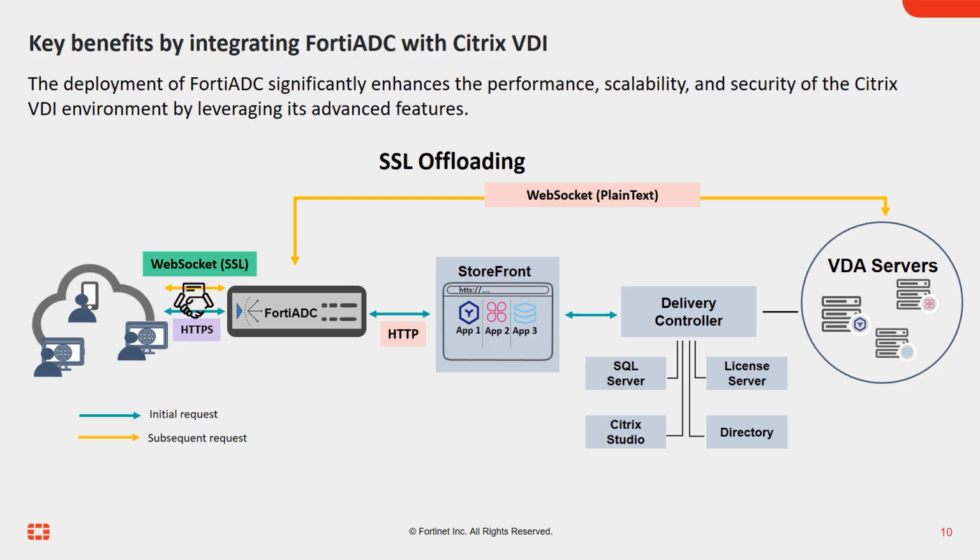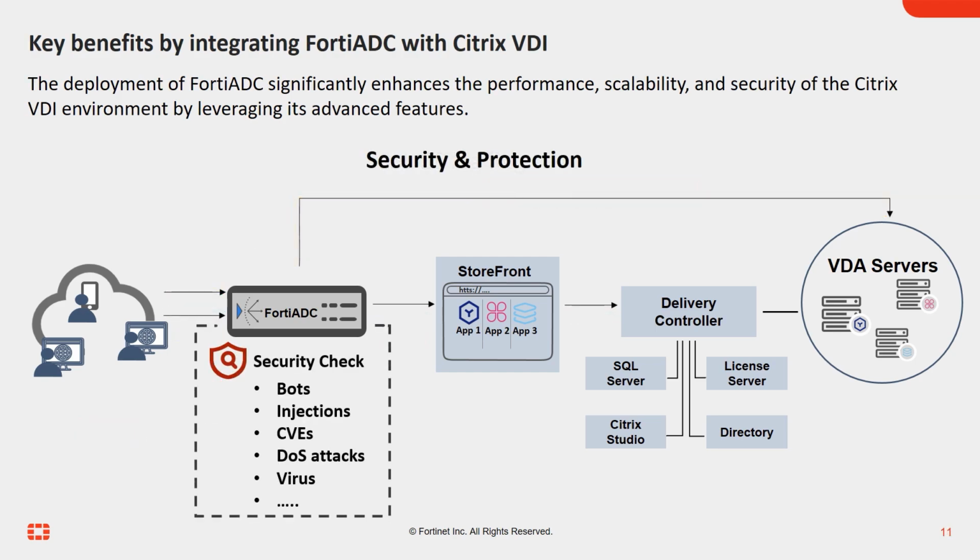Designed for high-performance SSL acceleration, FortiADC leverages dedicated hardware and optimized software to process SSL transactions with minimal latency and high throughput, resulting in a smoother and faster user experience. FortiADC provides comprehensive, multi-layered security for application delivery.